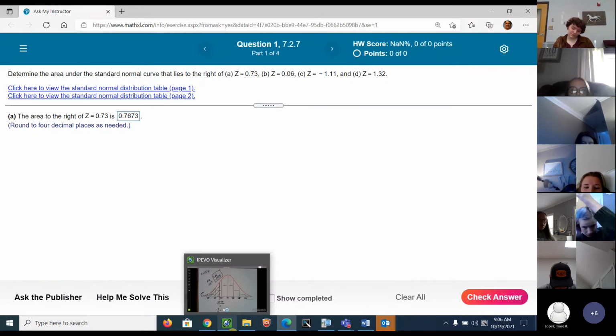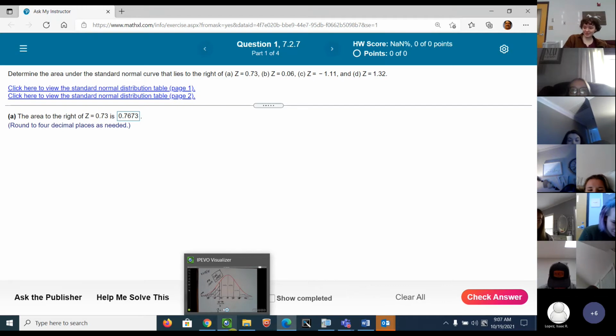Okay, I'm going to write these in different colors. It says to the right of z equals 0.73, z equals 0.06, z equals negative 1.11, and z equals negative 1.32.